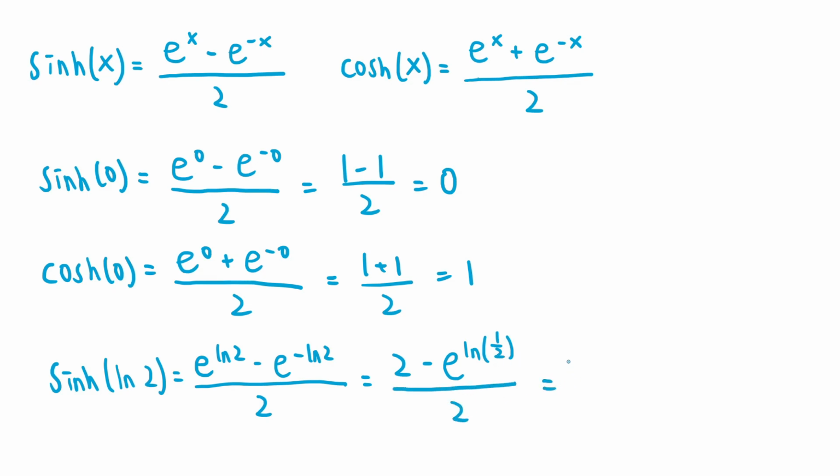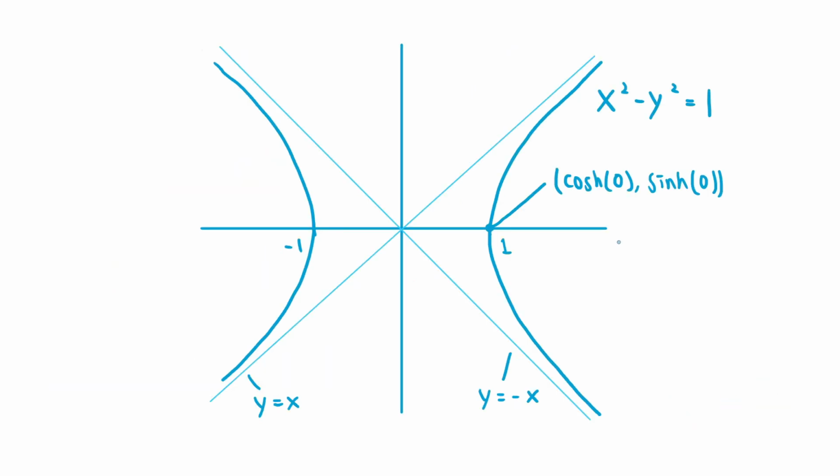Well, this is just equal to 2 minus 1/2, since the exponential and the logarithm cancel out, and this is all divided by 2. And then this is equal to 3 over 2 divided by 2, which is just equal to 3 over 4.